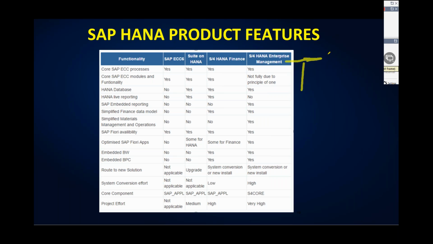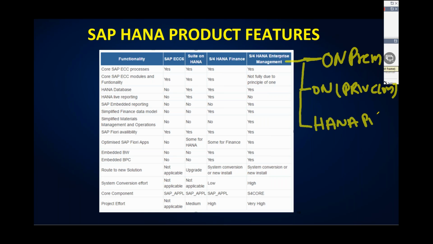Not two models, I will say it is three models. On-premise, then on-premise on private cloud, and then HANA public cloud.